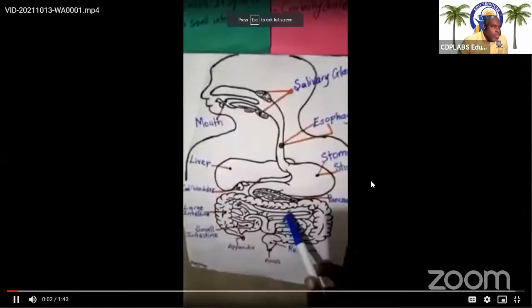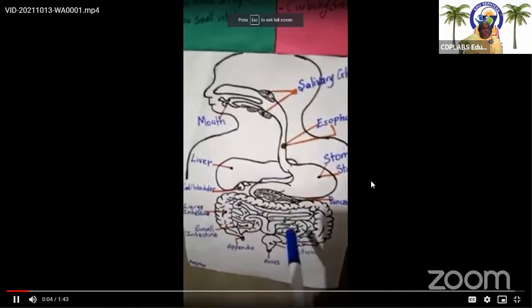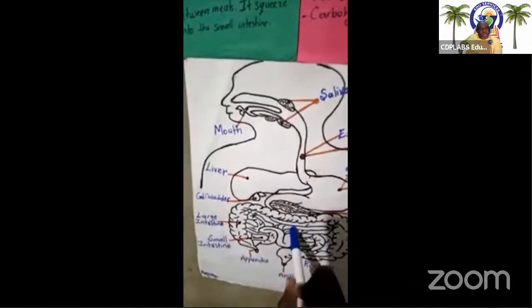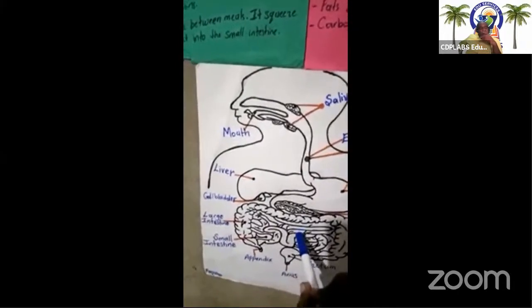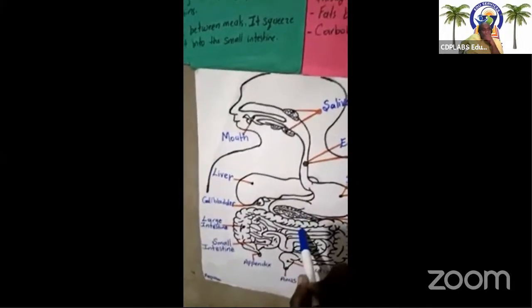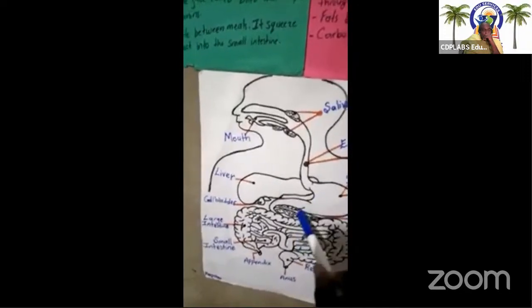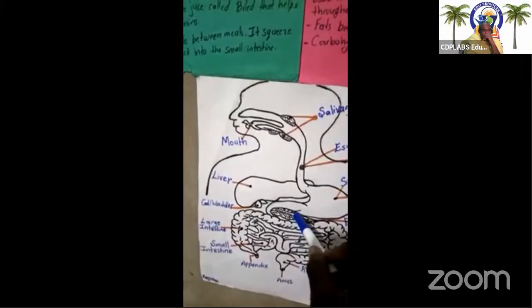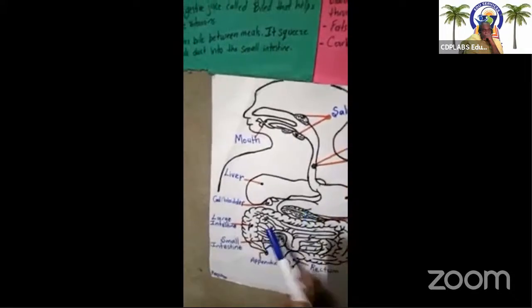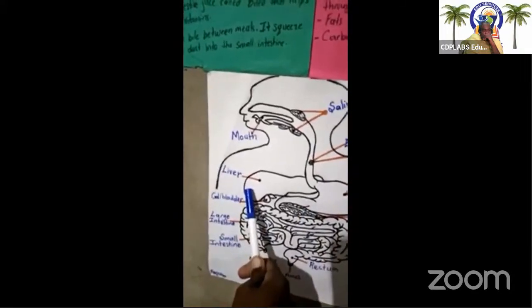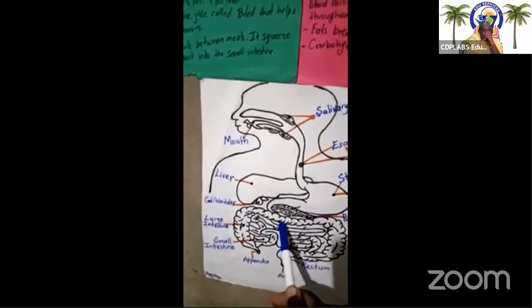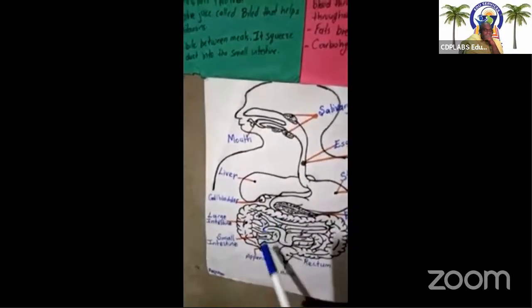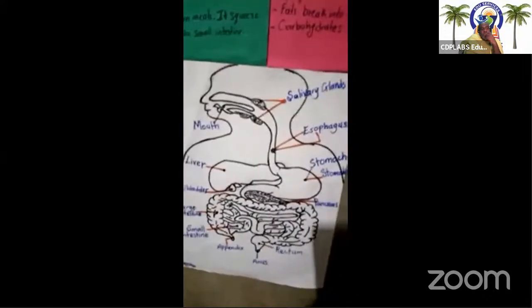Now, next is the small intestine. The muscle of the small intestine mixes food with digestive juice from the pancreas and the liver, here's the liver, and intestine, and pushes the mixture forward for further digestion as peristalsis takes place.